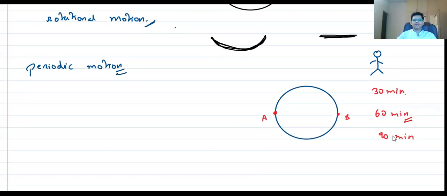So yes, this motion is repeating in nature. Or the better word is periodic in nature.